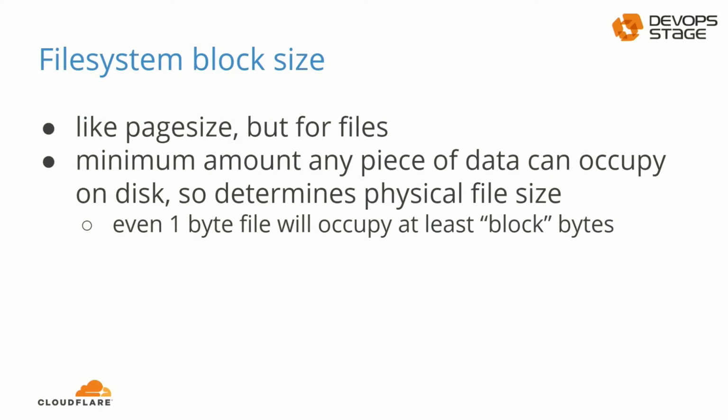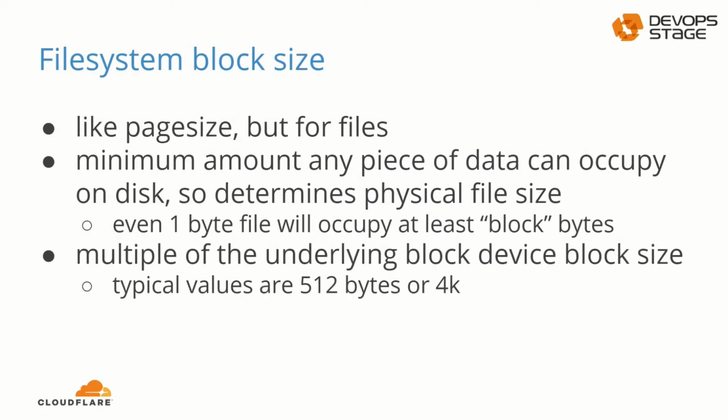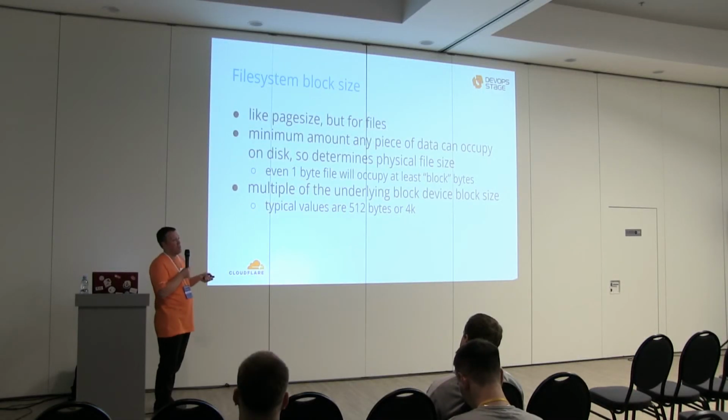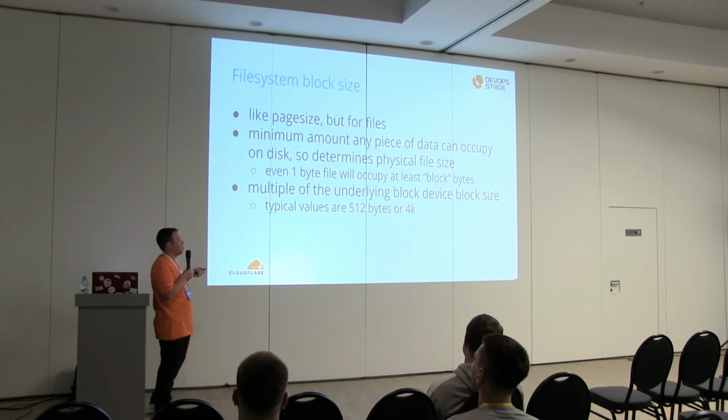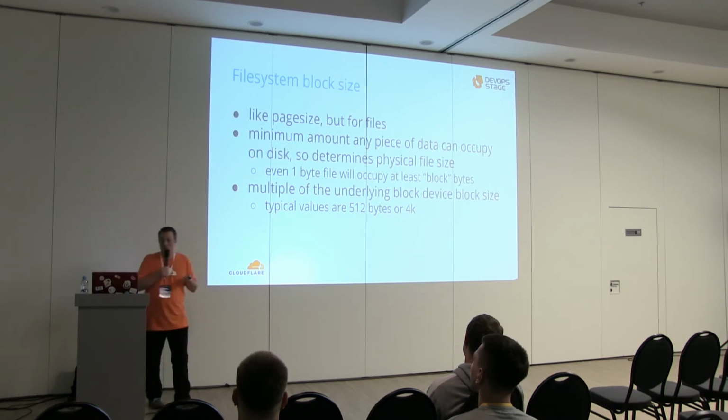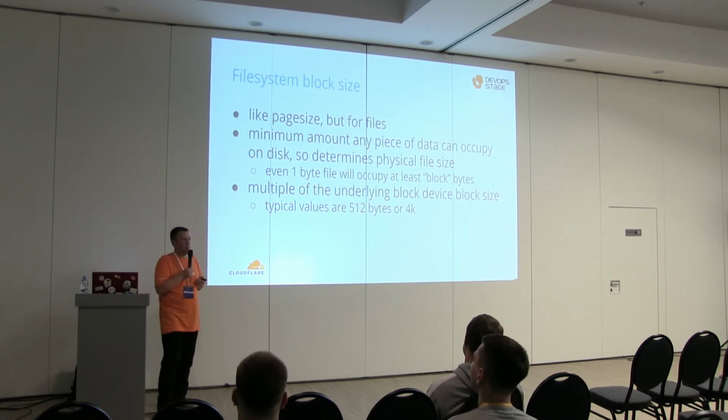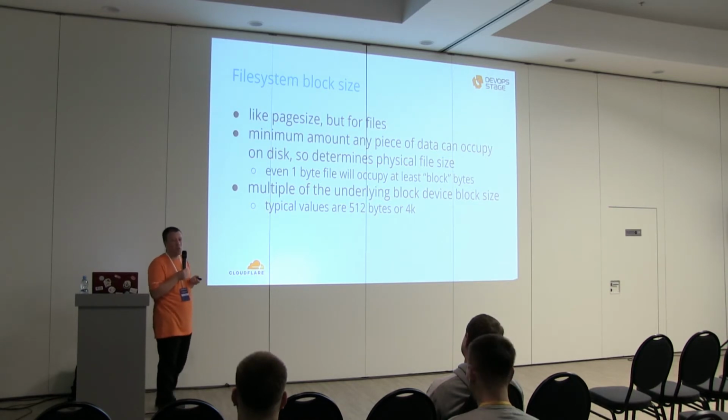In most cases it's not important, and this block size is usually some multiple of the block size of the underlying device. The typical values you might encounter are 512 bytes or 4K, depending on which disks you use. In the Windows world, I think it's called the cluster size when you format your file system.